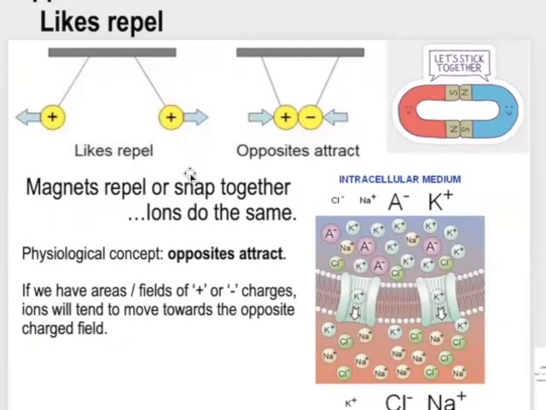In the body, we have to move these things around to create imbalances of these positives and negatives, and that's what creates a nerve impulse. We have to balance these in and out of the cell, along the axon, along the whole tube of the cell membrane.